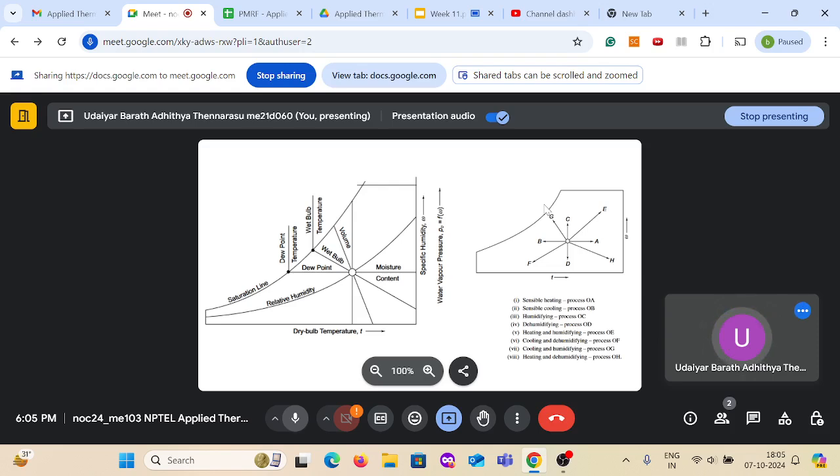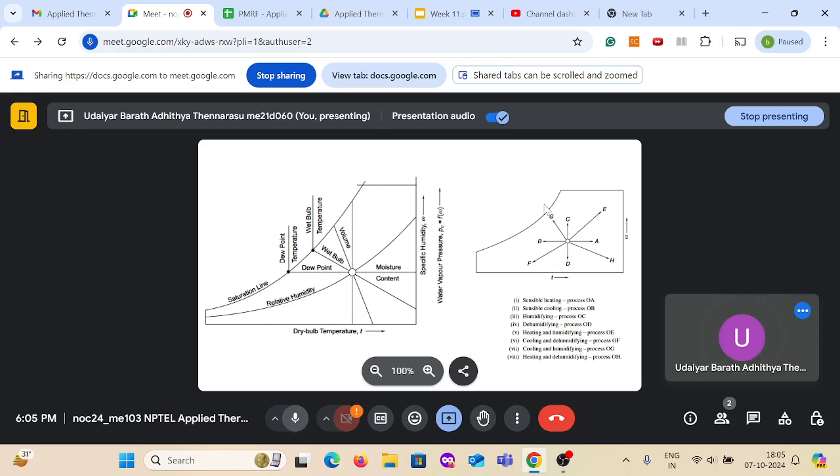So there is mass transfer and heat transfer, and the temperature will drop, and when it comes to equilibrium, that is called the wet bulb temperature. The actual difference between this thermodynamic wet bulb temperature and this wet bulb temperature will be very small. It's easier to measure also, so we generally use this wet bulb temperature.